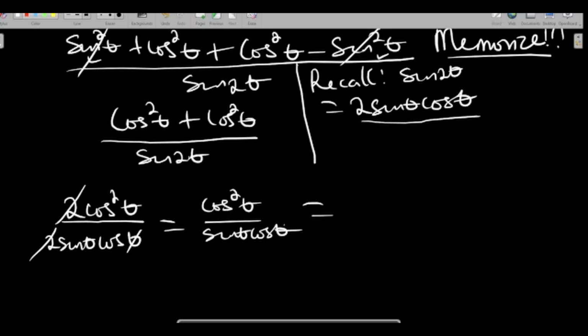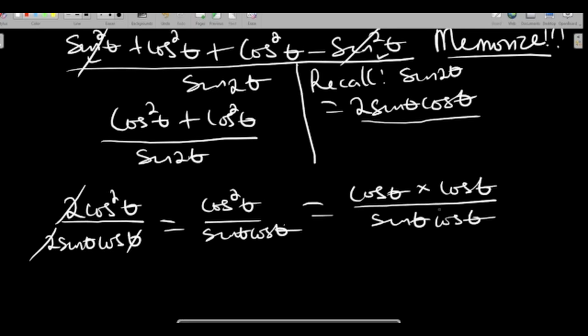This cos squared theta can be written as cos theta times cos theta all over sine theta cos theta. I've not changed anything yet. Cos theta times cos theta will give you cos squared theta.